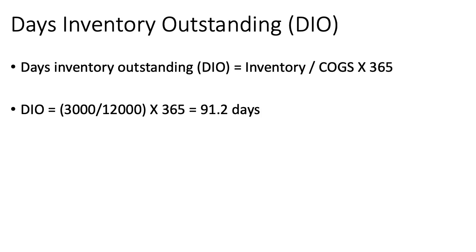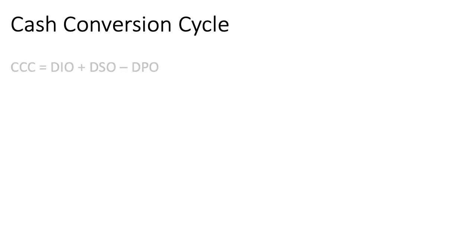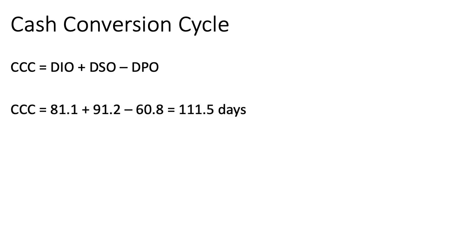So in this case, our cash conversion cycle is days inventory outstanding plus days sales outstanding minus days payable outstanding, which is 81.1 plus 91.2 minus 60.8, that is 111.5 days.